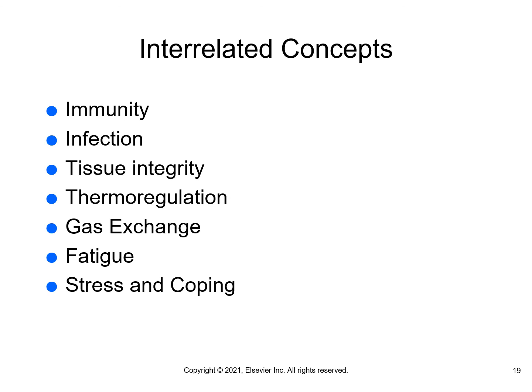Is there an ineffective thermoregulation? If it's the lungs that are inflamed, are we going to have any impaired gas exchange? Again, the swelling and that fever is going to bring about fatigue, activity intolerance, and then stress and coping. We spoke about that and how it's going to add up to hinder the healing from inflammation.